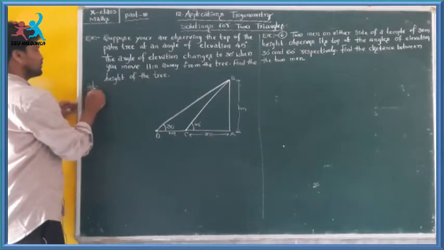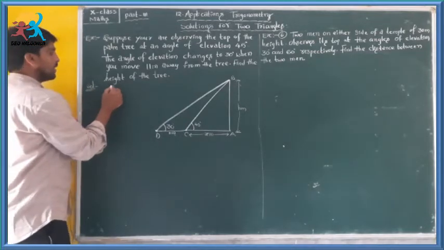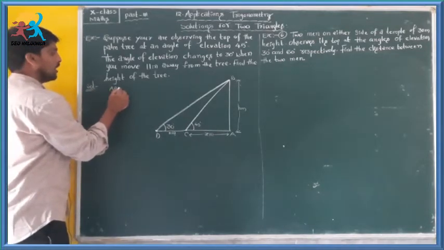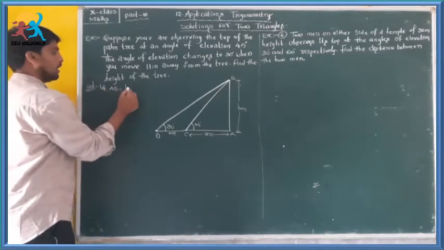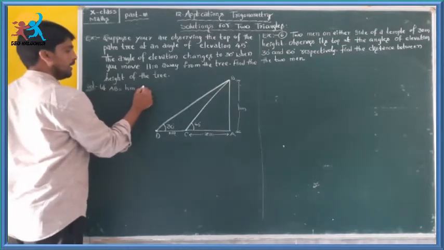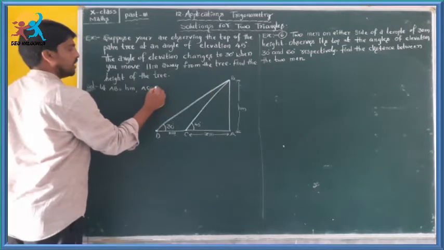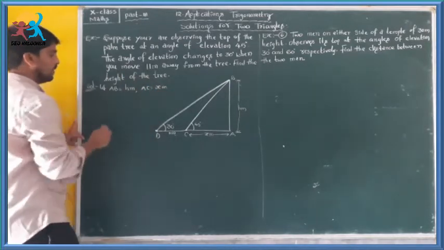Therefore, solution. What is AB? AB equals the height of the palm tree. Let AB equal h meters and AC equal x meters.